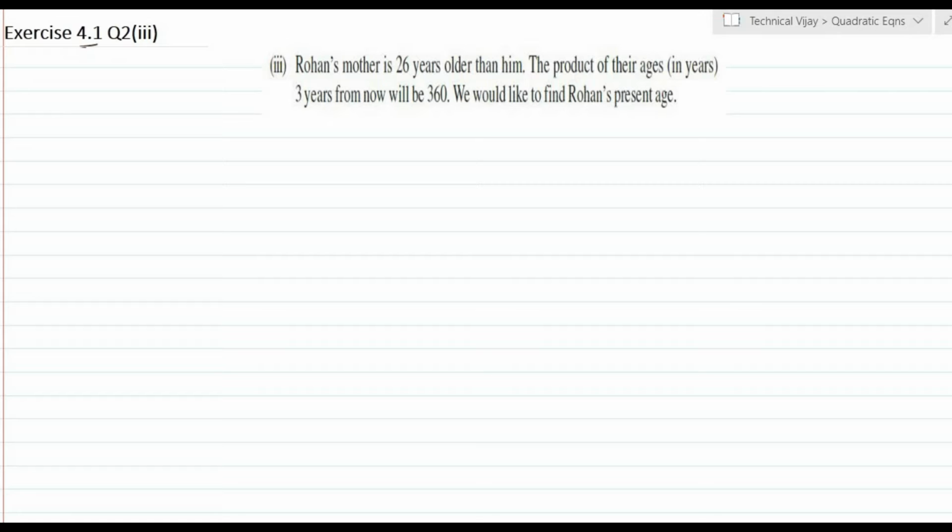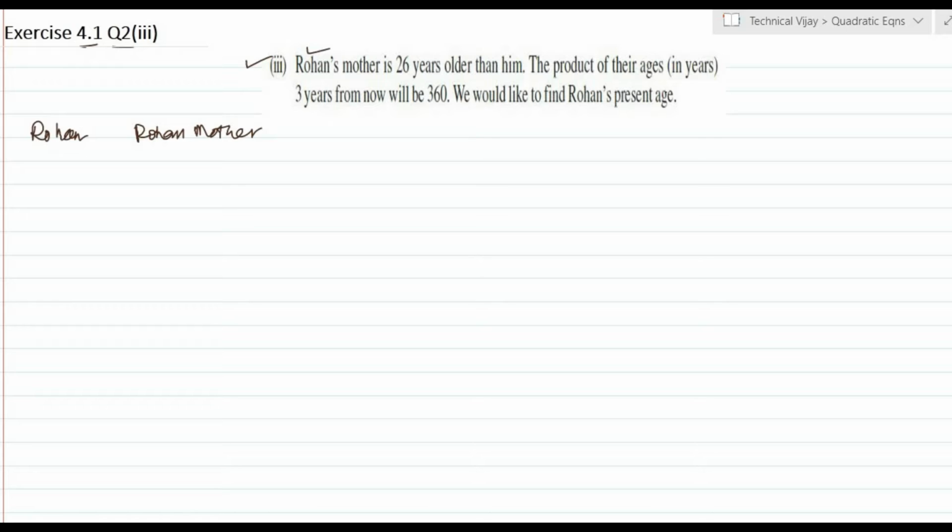Exercise 4.1, question number 2, in that third portion. Here we have to represent this situation in the quadratic equation form. Rohan's mother is 26 years older than him. So here there are two entities, that is Rohan and Rohan's mother. There are two persons.